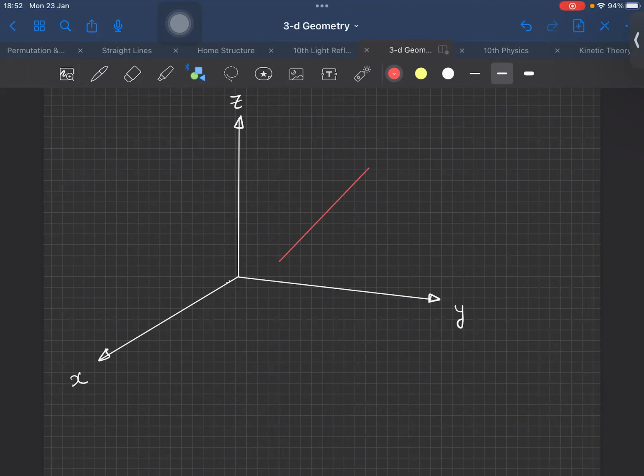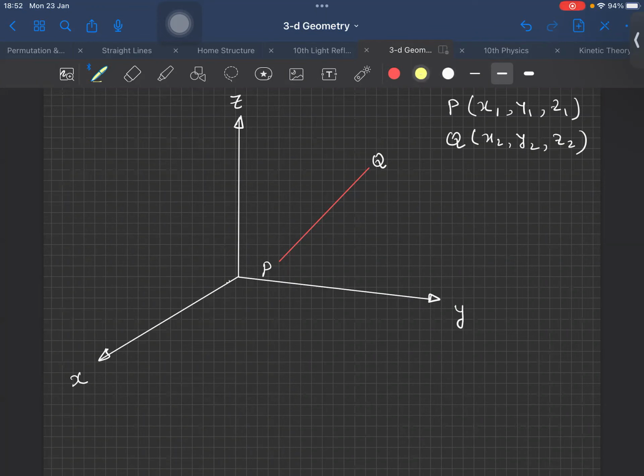This is point P and point Q. The coordinates of P and Q in 3D: P is x1, y1, z1, and Q is x2, y2, z2. Now, if we have to divide this line in 3D, we need a plane to intersect it.